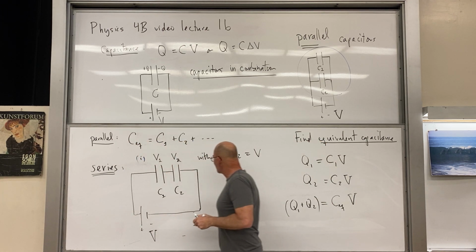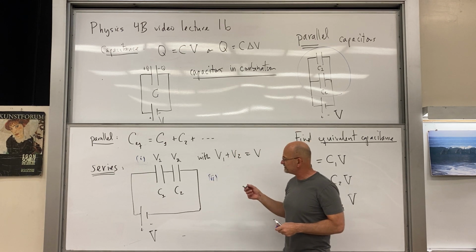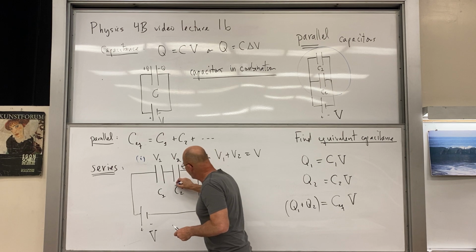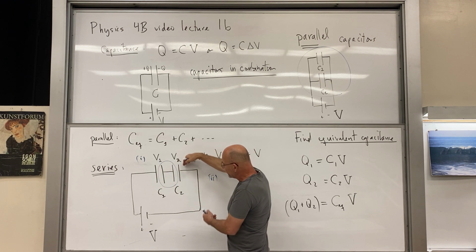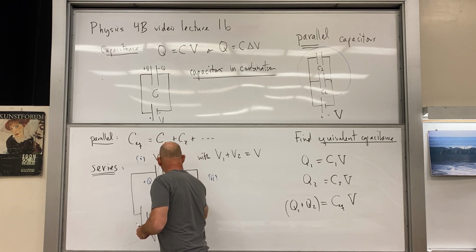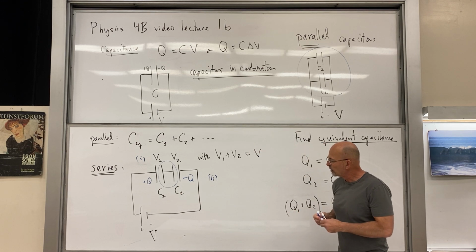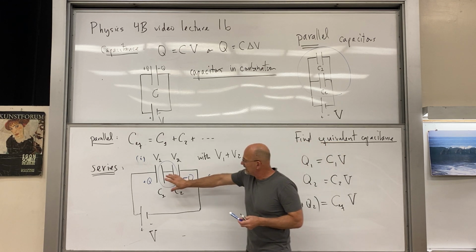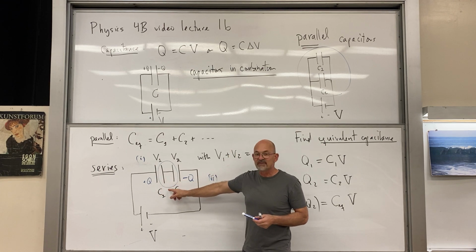In terms of the charges on the capacitors, we can think of these two outside plates as having plus Q and minus Q on them, which means that in series, the two capacitors are going to actually have to have the same charge.